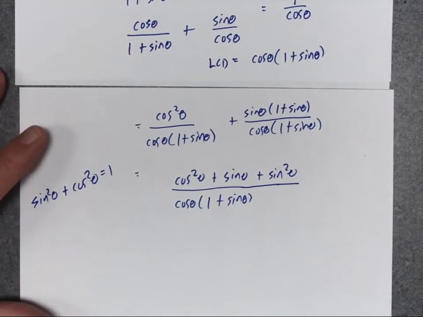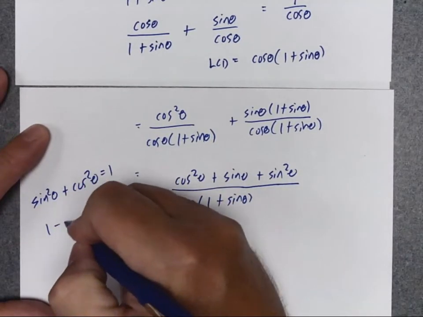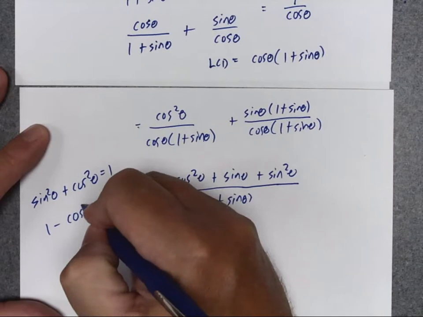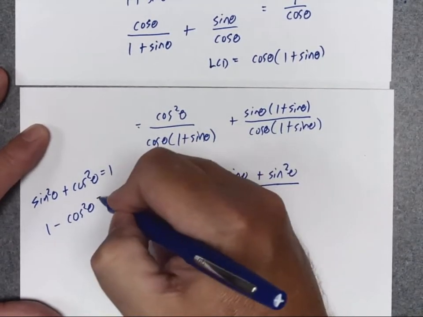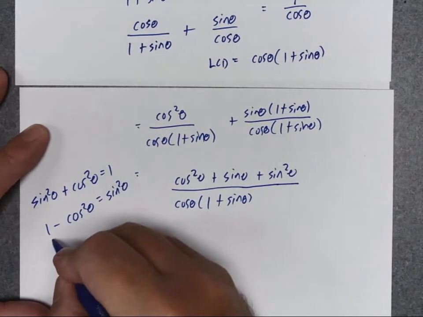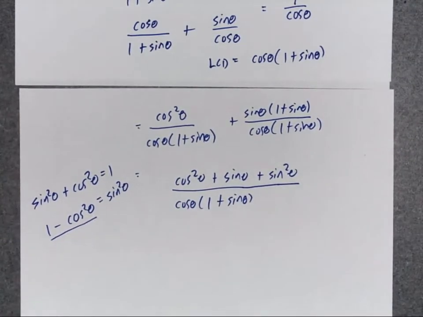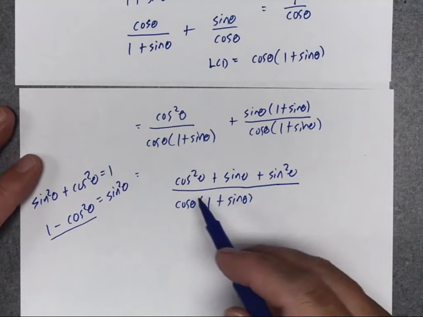Now it takes other forms. Sometimes in a problem, you might have 1 minus cosine squared theta, and you know that that's going to be the sine squared of theta. So sometimes you'll see this as you're trying to prove a trig identity, and you can just replace it with sine squared of theta.